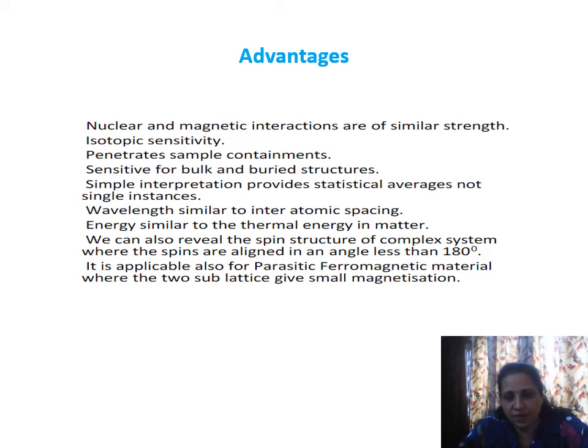There are some advantages. Nuclear and magnetic interactions are of similar strength, and it is isotopic sensitive. It penetrates sample containers, and is sensitive for bulk and buried structure, and so on.